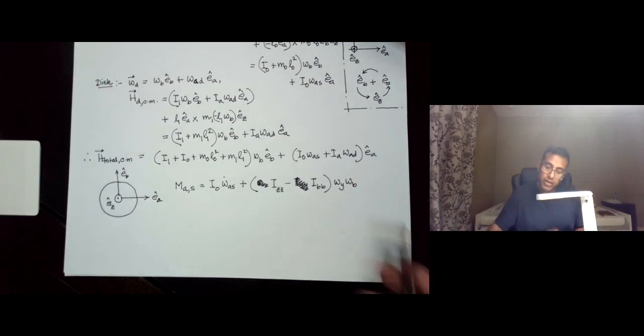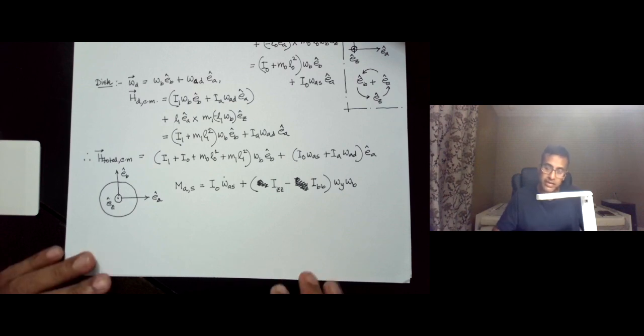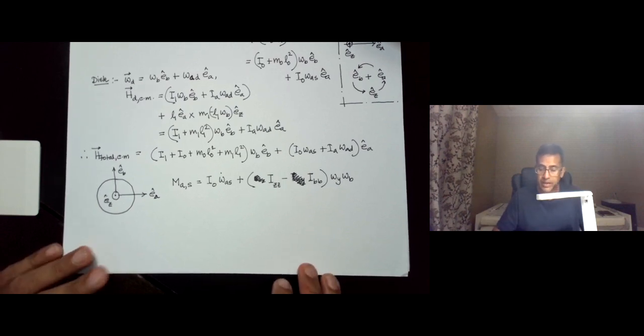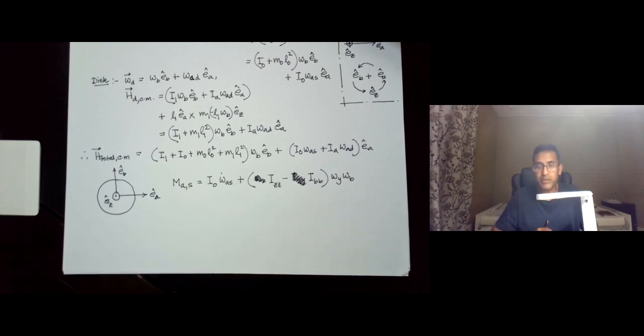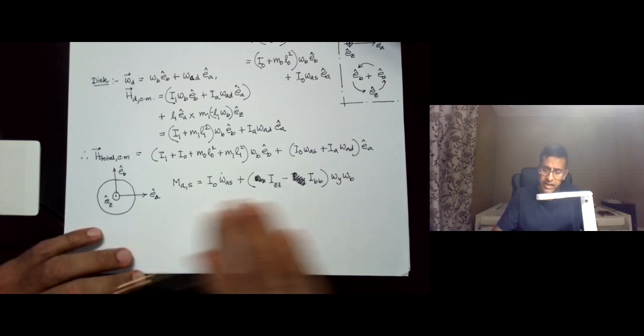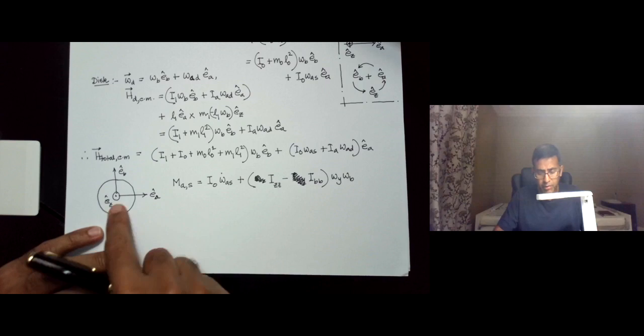Okay, I would urge you to go over a textbook, any textbook in dynamics of rigid bodies, where they discuss the Euler equations. This is one way of expressing the equation of motion of a rigid body, and this is in particular about the EA axis.